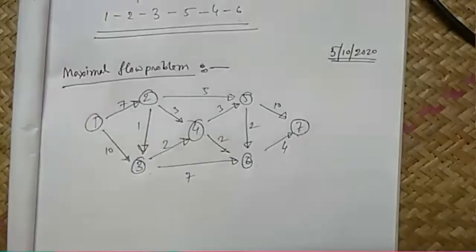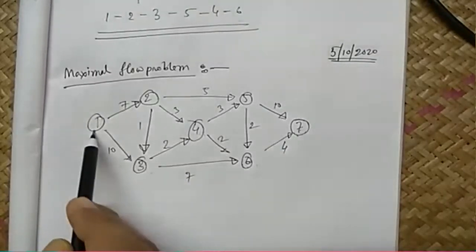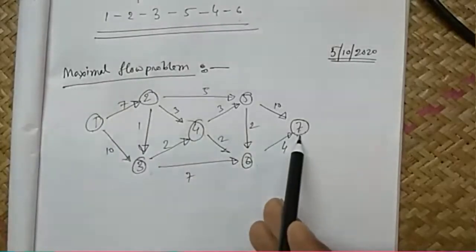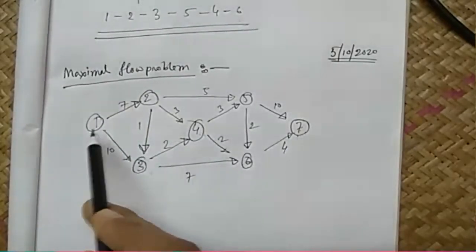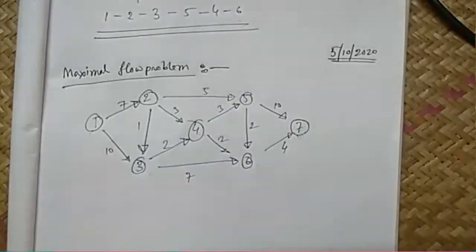Okay, now we will try to find out the maximum flow possible in this network from the source to the sink, or the start to the final node. Okay, that is our job in this maximal flow problem.